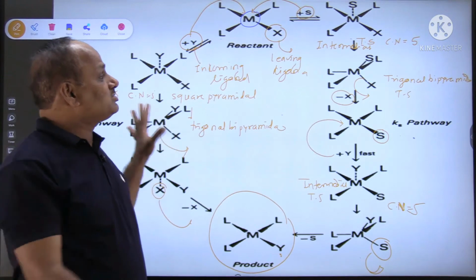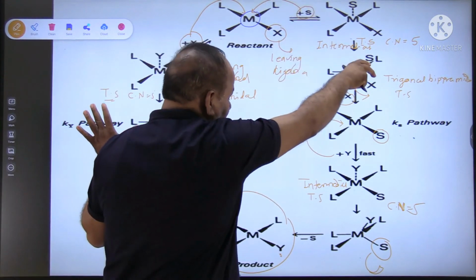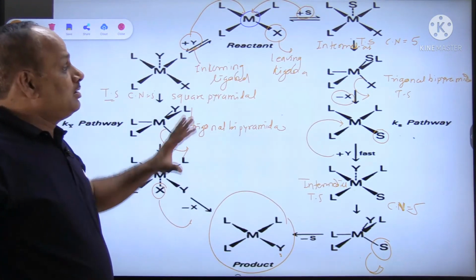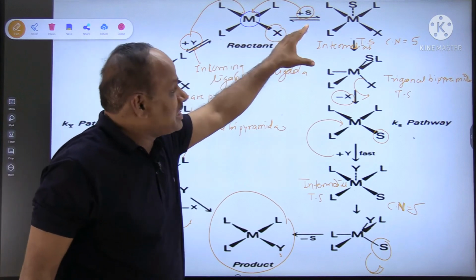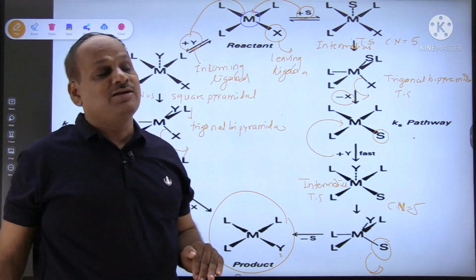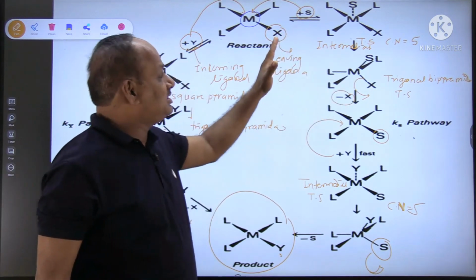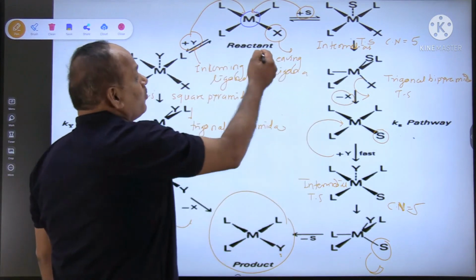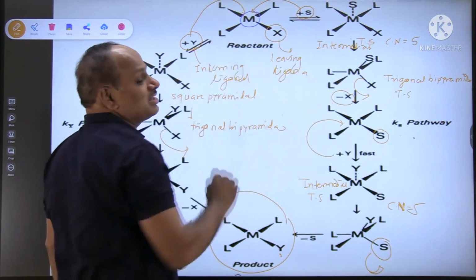Then here you see in the first pathway, the first step, the attack of the solvent molecule on the metal ion, is a slow step, and therefore the rate depends only on the concentration of the reactant.